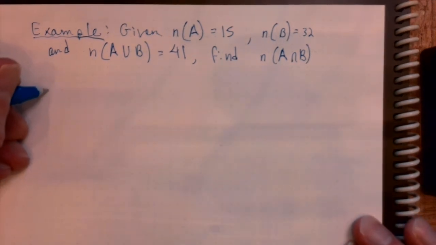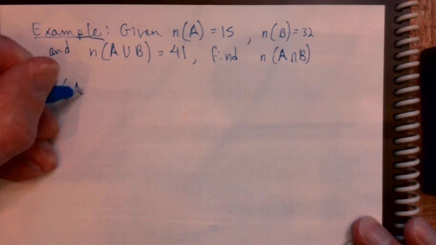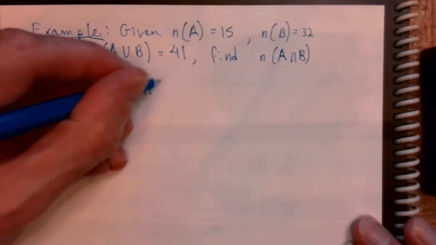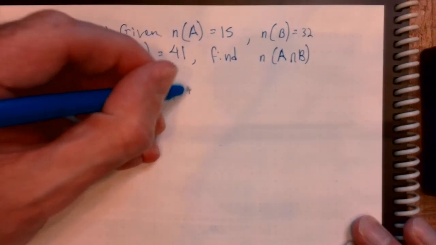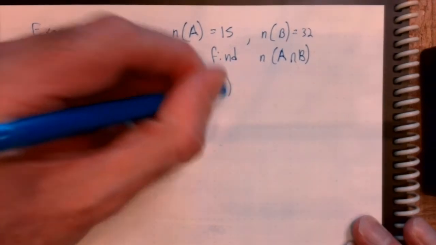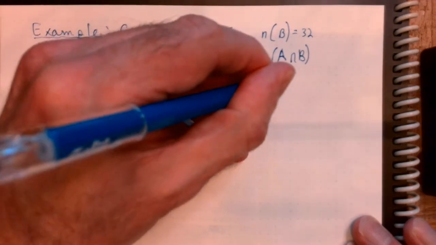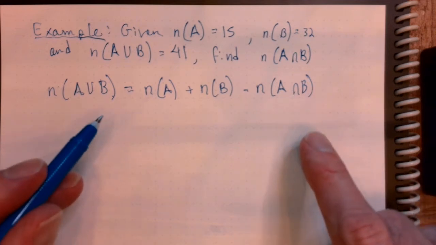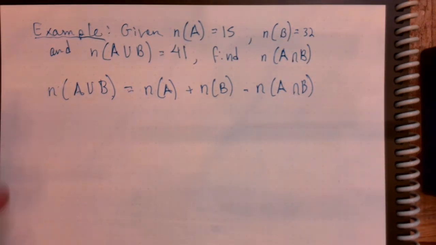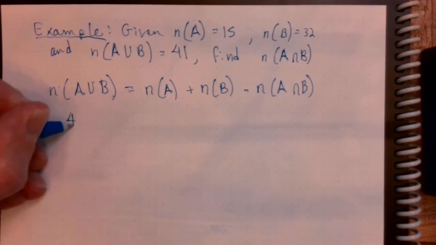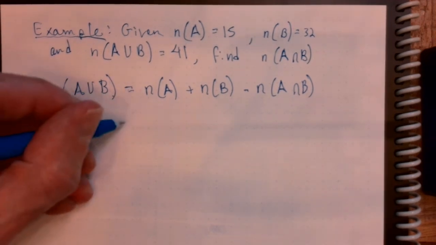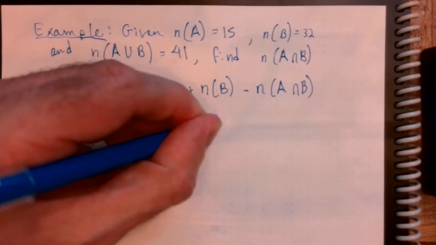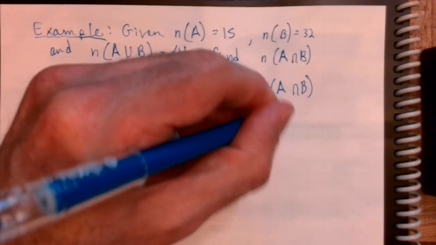I'm going to do this problem two ways. I'm going to use the formula that we just discussed, which said the number of things in the union of two sets is equal to the sum of the number in each set individually minus the overlap. This is a relationship between all four quantities, and from the given information I know three of them. That's a 41, that's a 15, that's a 32, and this is an unknown.